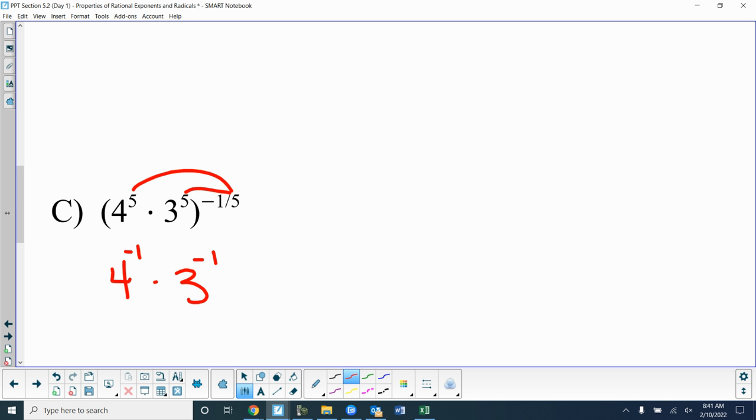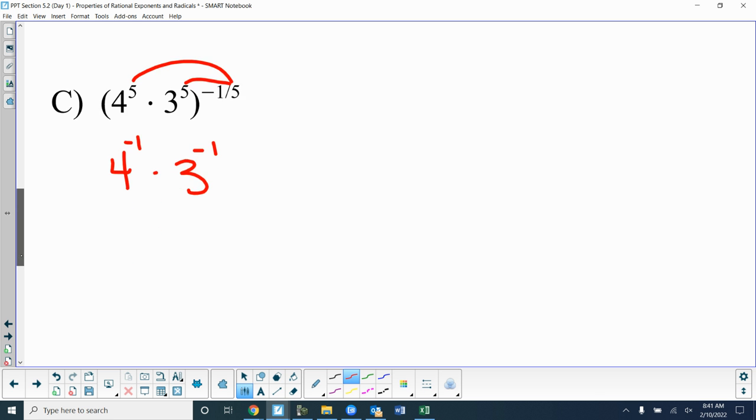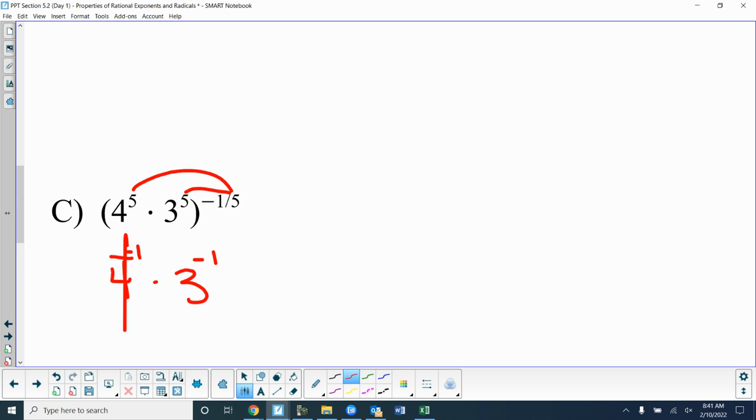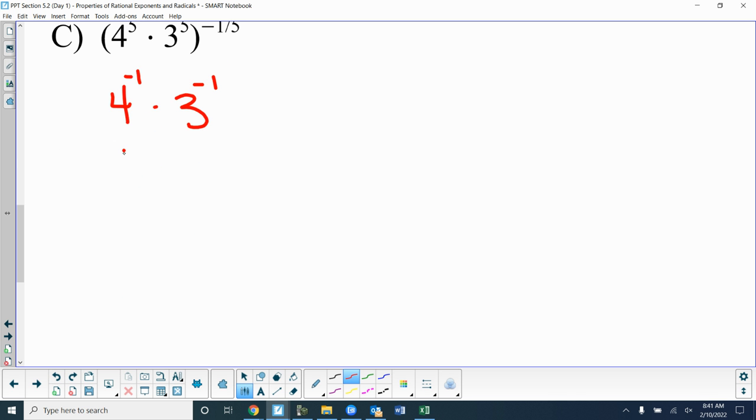So how do I make negative 1 into a positive? Good. 1 over. So this would be 1 over 4 times 1 over 3. Could we simplify that? Yeah, what's 1 times 1? What's 4 times 3? 12. Okay.